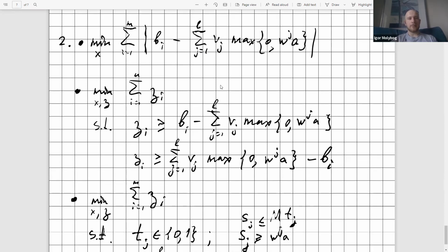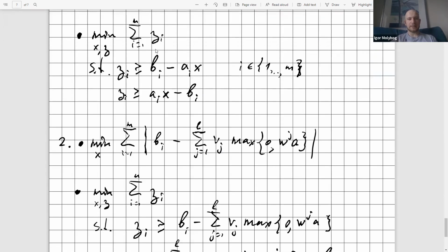To linearize it, we use the exact same trick that we had here, because the theorem that we have formulated doesn't care about the functions fj at all. It doesn't really care what exactly you have underneath the maximization over here. It can work with anything.